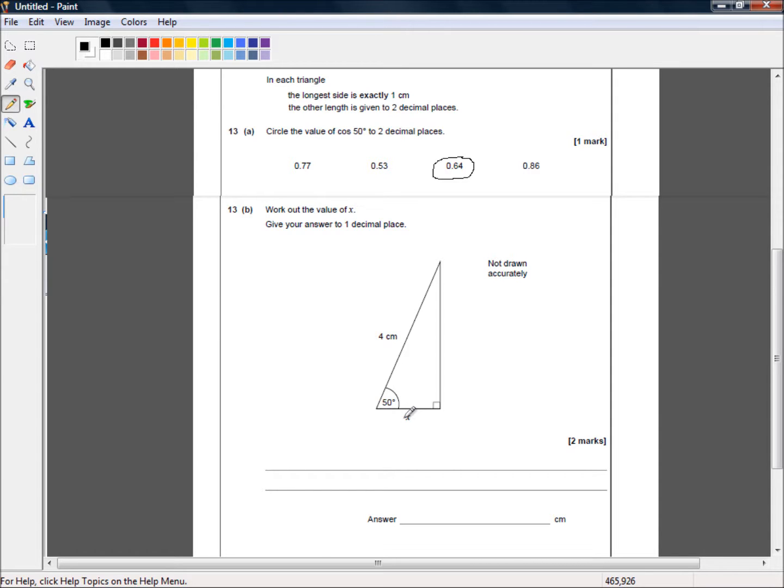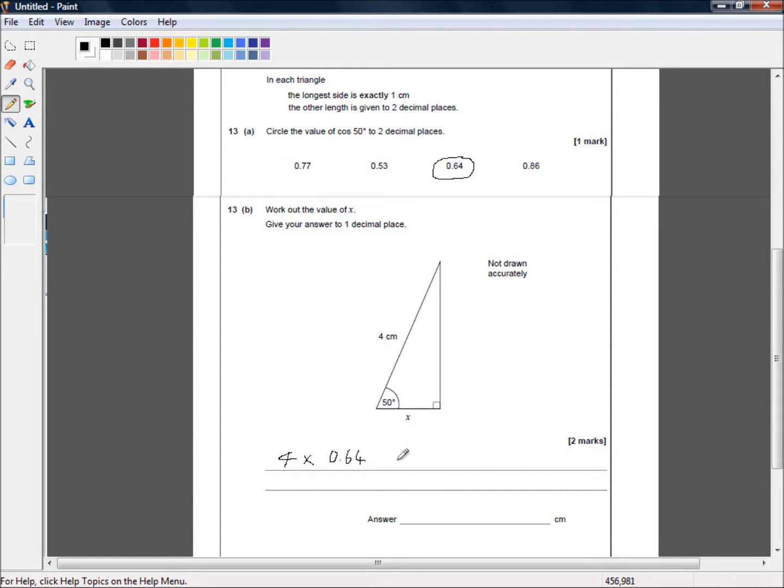So this length x from our SOHCAHTOA is 4 times the cosine of 50 degrees. But we already know the cosine of 50 degrees, so we don't need a scientific calculator. It's 0.64. So our answer is 4 times 0.64.